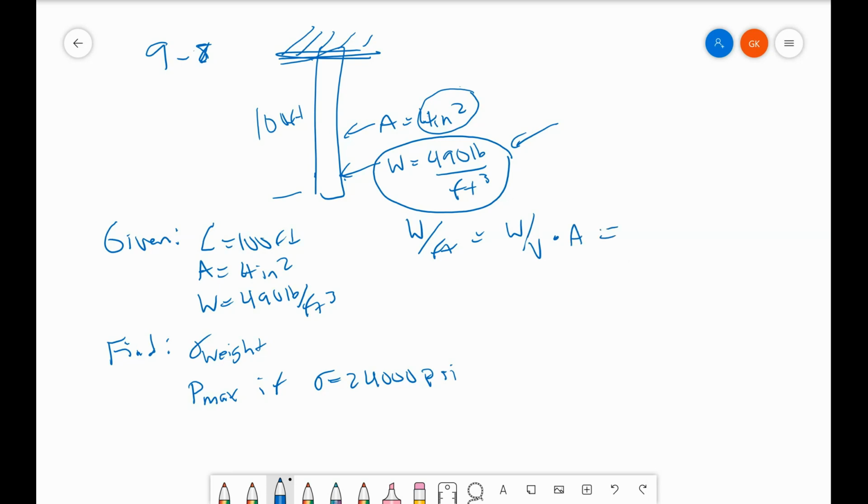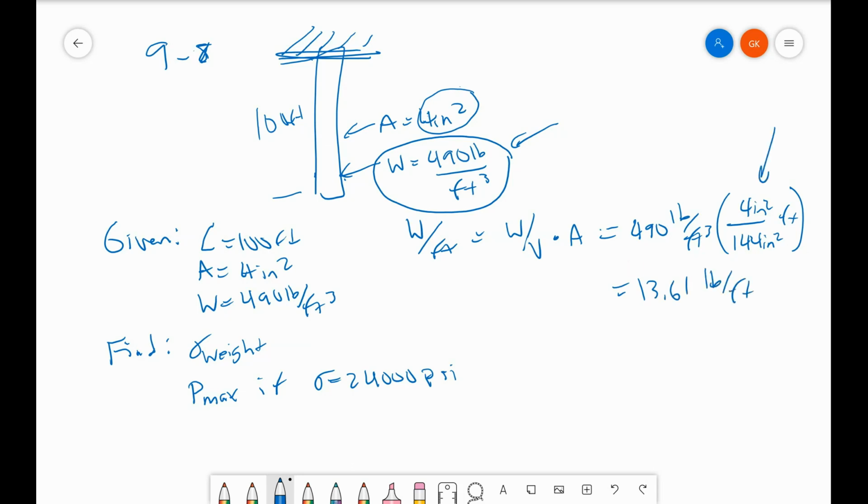That comes out to be 490 pounds per foot cubed times 4 over 144 inches squared, and that'll be feet, which comes out to be 13.61 pounds per foot.